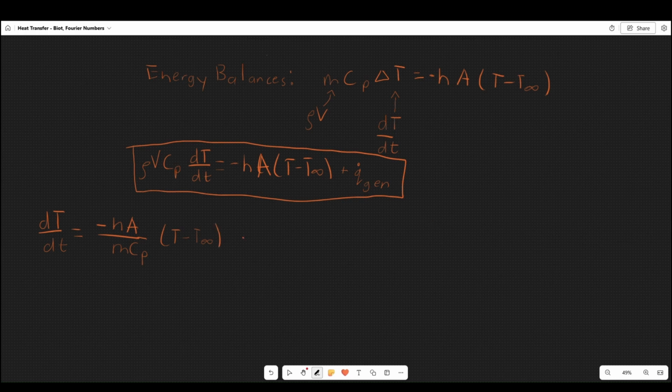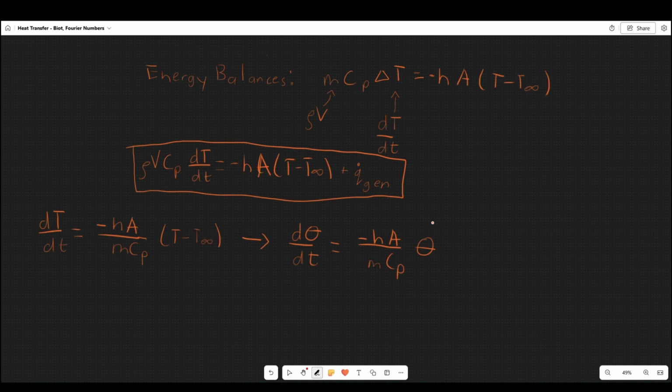And then what we can do is now we non-dimensionalize it, and we go to d theta/dt. This probably would help earlier. Minus hA over mCp, or ρV Cp, whichever one you have, times theta. Perfect.